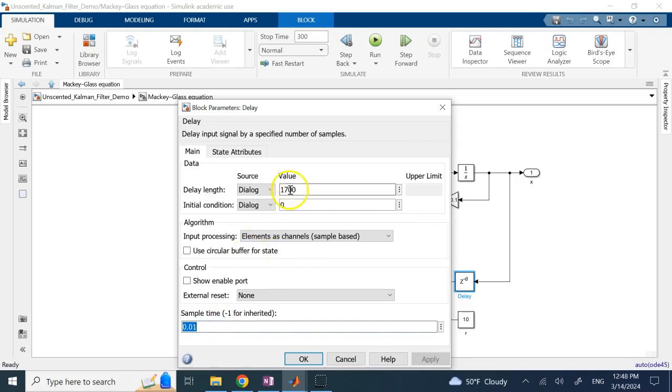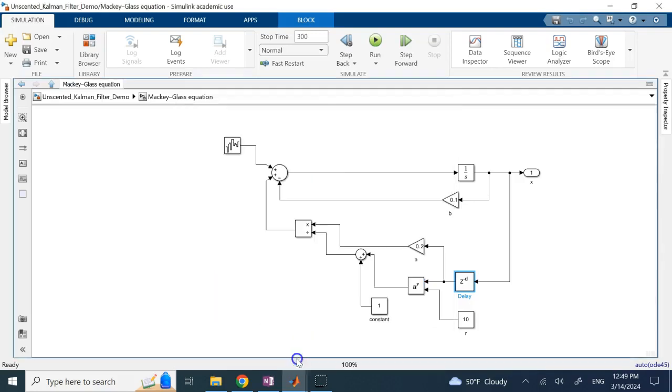So if you multiply this number by this one, that will give you 17 seconds. In the paper, tau is in seconds, but here it is this many sample times, which is equivalent to 17 seconds.